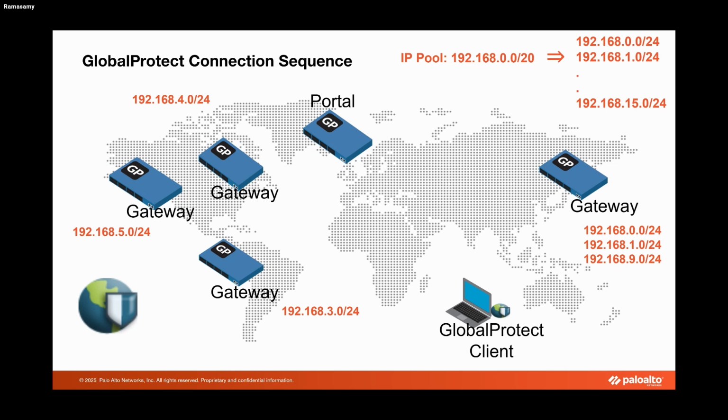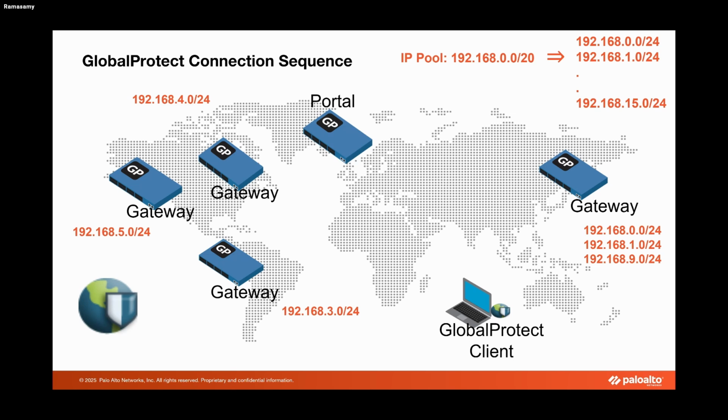So if you see, the gateway on the left has 192.168.5.0/24. On the top, we have 192.168.4.0/24. Now, the gateways on the left have only one subnet allocated to them. On the right, you can see the gateway has 3 subnets allocated to it. The reason for that is in a /24, we have only 254 IP addresses.